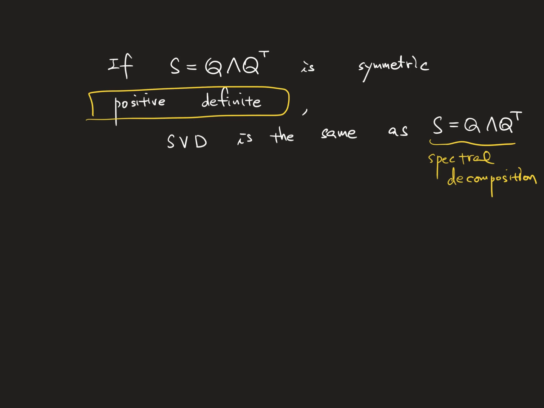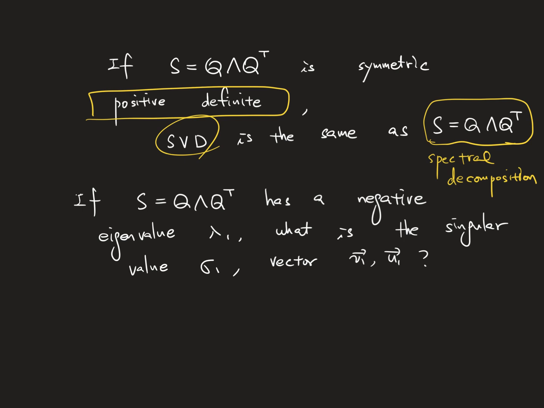There's a spectral theorem that eigendecomposition is always possible for a symmetric matrix, and we can have orthonormal eigenvectors, and that's why we can write it as this. So we call eigendecomposition a spectral decomposition for a symmetric matrix. So spectral decomposition is the same as singular value decomposition for a positive definite matrix.